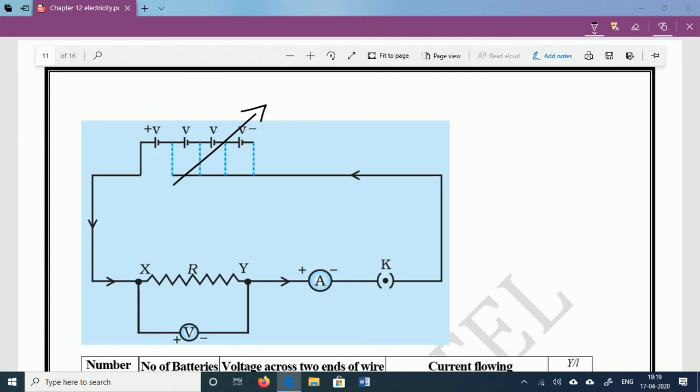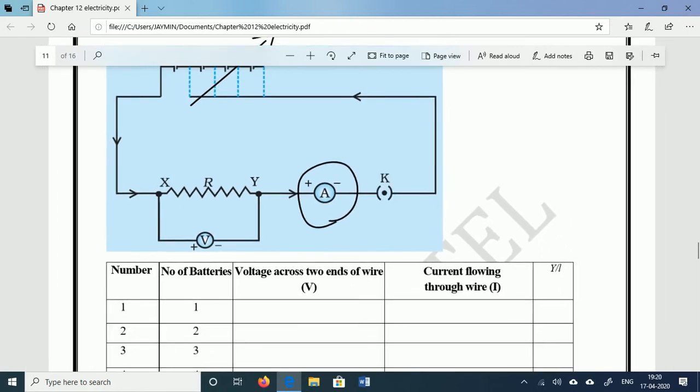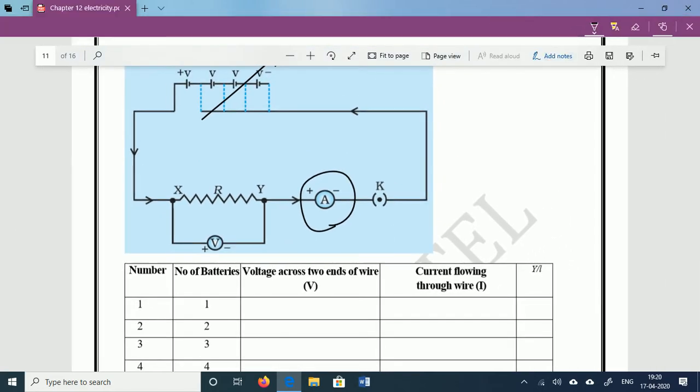He installed one variable battery and checked the current in the circuit with the help of an ammeter. Initially he used a low voltage, 1.5 volts set on the battery. When he set 1.5 volts, he observed that the current passing through the wire, for example, was 0.1 ampere.